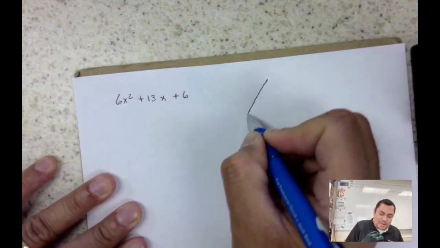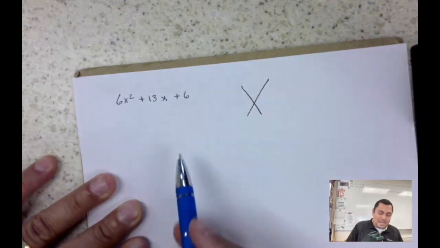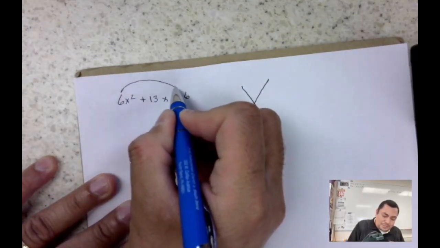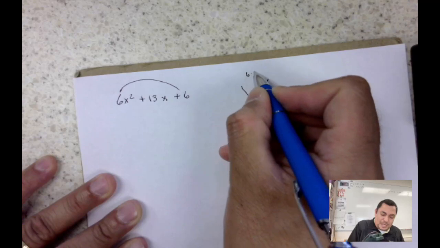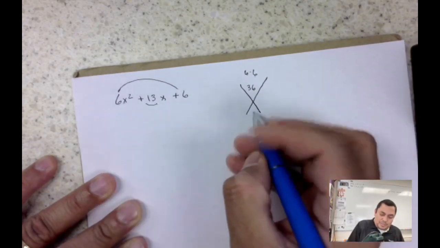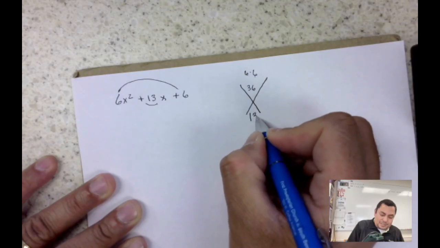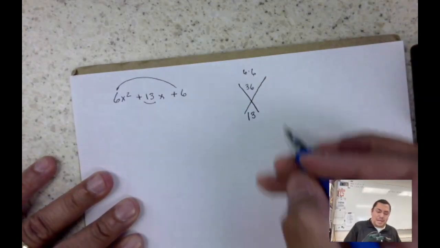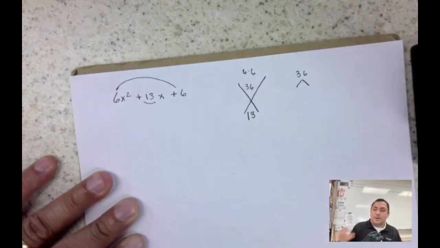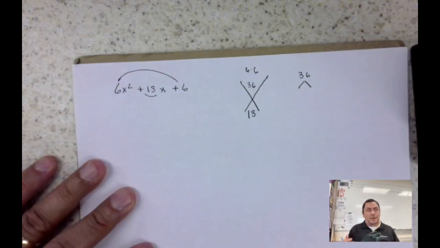Now I'm going to draw an x. In this case I need two numbers. I'm going to multiply the leading coefficient times the independent term, so 6 times 6 is 36. And the middle term goes at the bottom of the x, so I have 13. So I need to break down this 36 into prime numbers. I'm going to do it until I get enough practice.